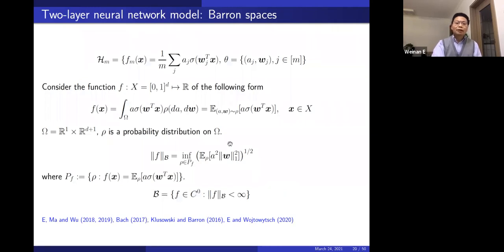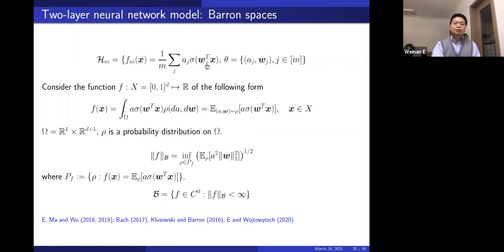Okay, now let's consider a more realistic model, a more neural-network kind of model, namely two-layer neural network models. The difference between what I wrote before and what I write here is that I put in a 1 over m factor. But this doesn't change anything because these coefficients are arbitrary, and I can absorb the factor into them.